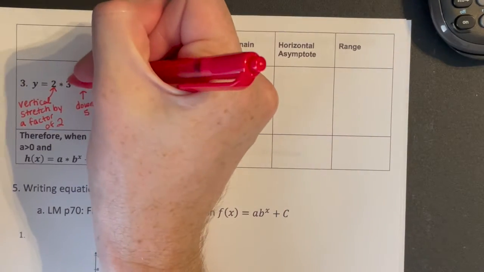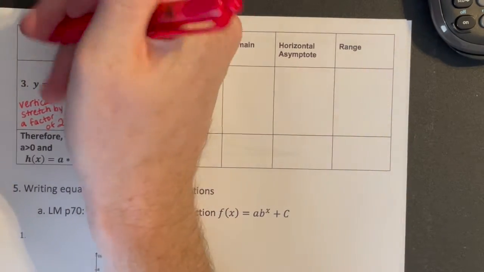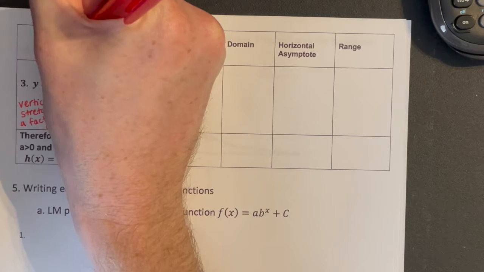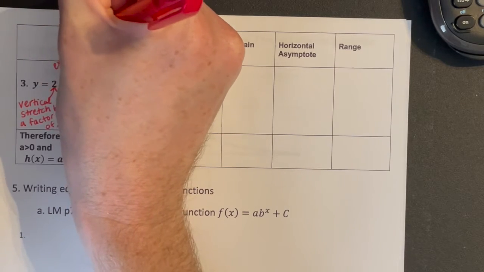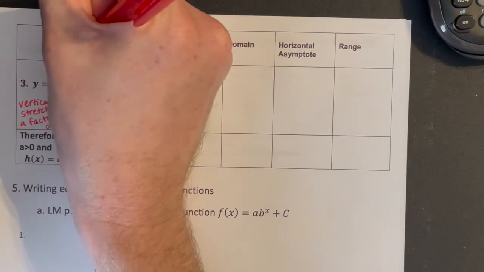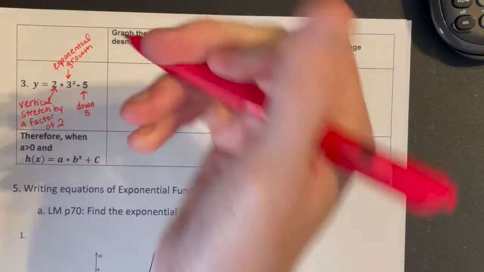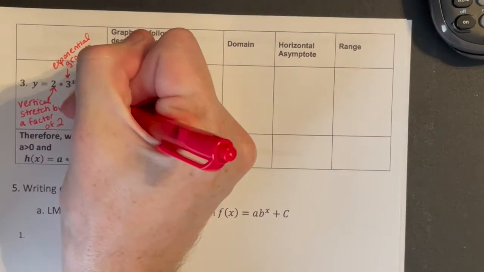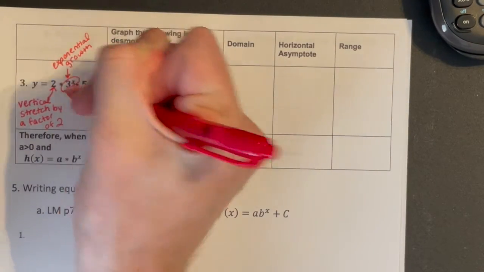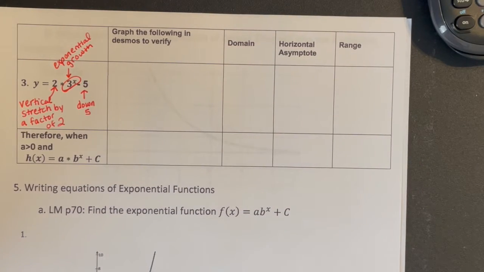The 3 is what tells us this is exponential growth. It's not a transformation. So that 3 to the x power, you could circle it and say that is our exponential. That is what's making this an exponential graph.